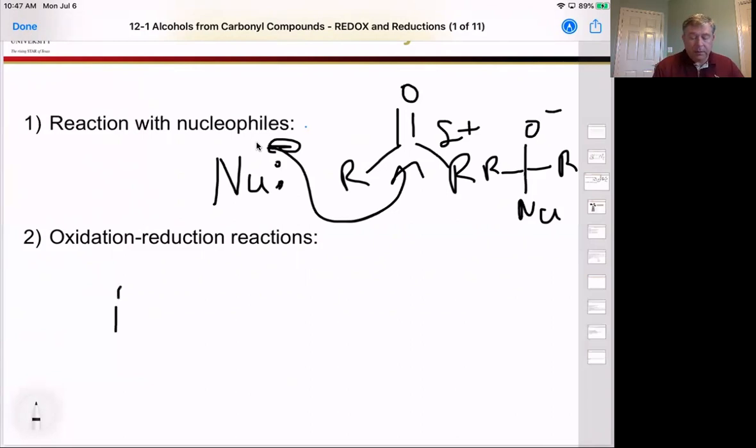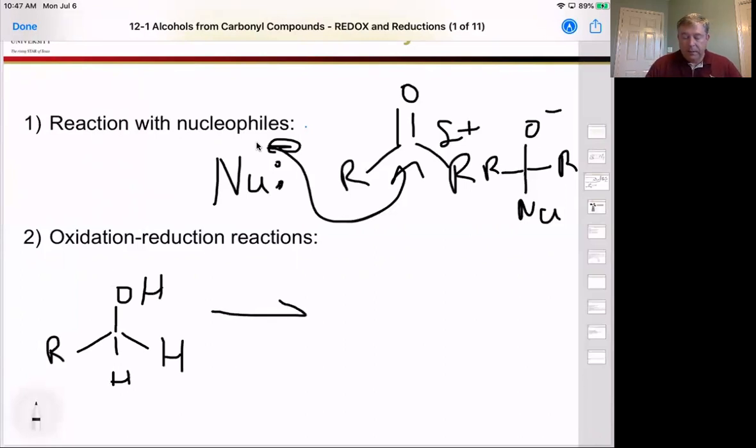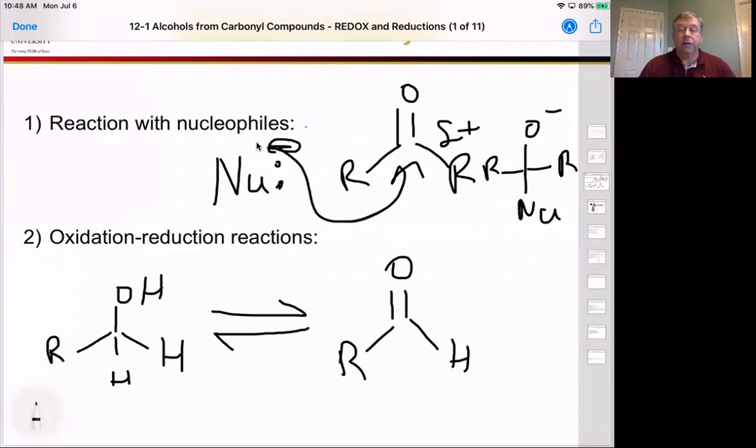For example, we can start with an sp3 hybridized carbon, and as long as there are hydrogens available to take off that carbon, we can oxidize that material to give us our carbonyl compound, where two of the hydrogens have been removed from our system. Or we can take that carbonyl compound and go in the opposite direction and do a reduction reaction on that system. And in this case, we're going from a primary alcohol to an aldehyde, okay?